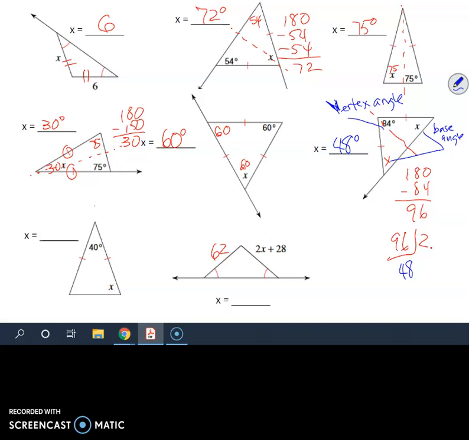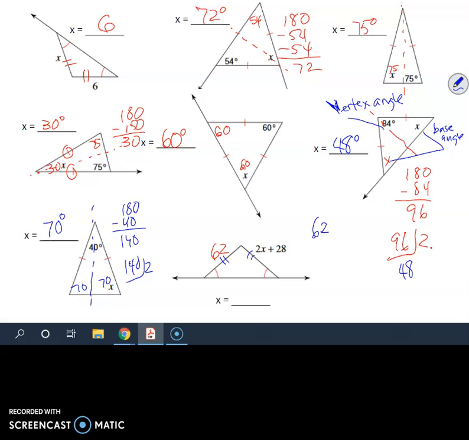The next problem, the line of symmetry goes actually through the 40. So that means I have 180 degrees, take away the 40 degree angle that we have, we're left with 140 degrees. If I divide that by 2, that means each base angle is 70 degrees. And then the final problem, because we have two equal angles, that means these two sides are equal to each other.